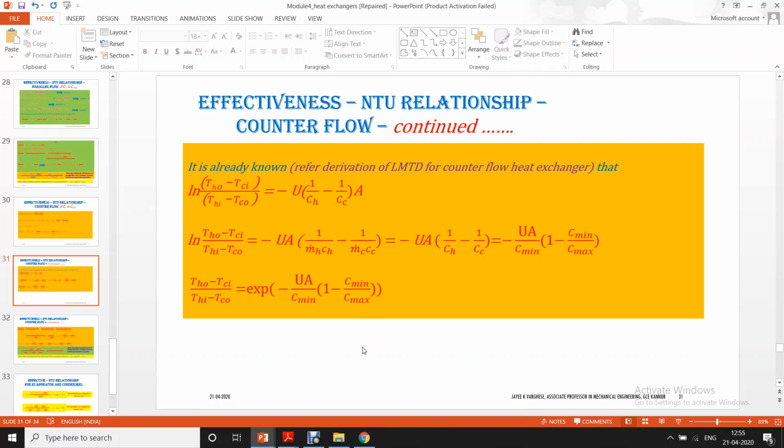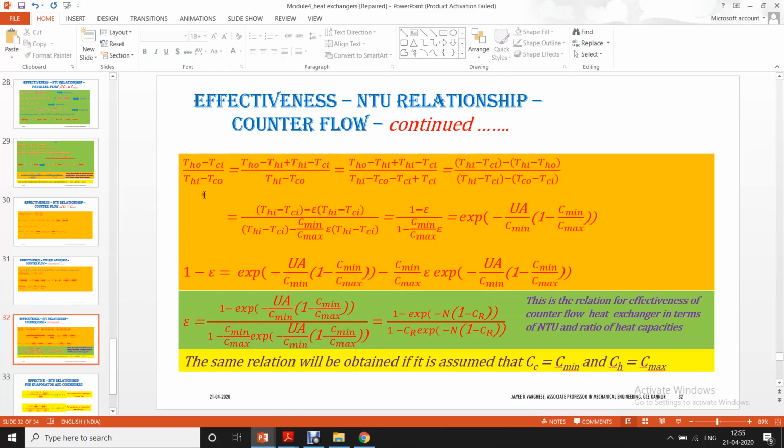Now, see the next step. The left side of that equation is (THO minus TCI) divided by (THI minus TCO). We will try to make this ratio of temperatures into a comfortable form, like either THO minus THI, or TCO minus TCI.